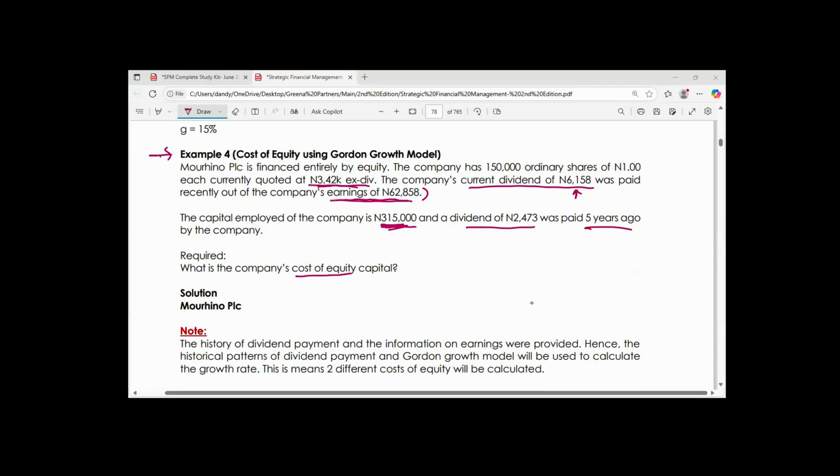But the dividend given to you is absolute value because that one is 6,158. Two things you can do. You can either convert the total dividend of 6,158 to dividend per share, or you convert the market price per share of 3.42 naira to absolute value by multiplying number of shares with the share price. So whichever one you do, you are going to get the same answer. But again, let's move on quickly.